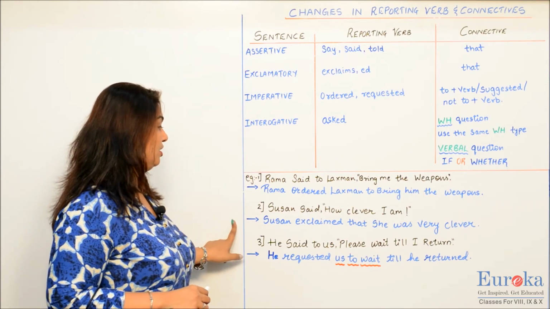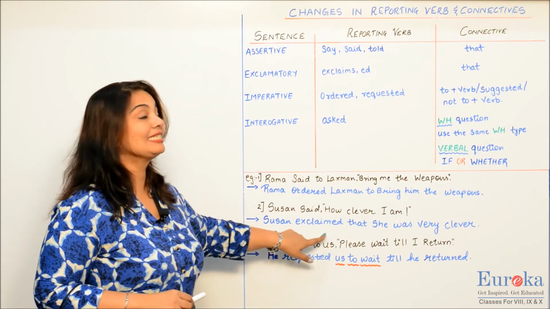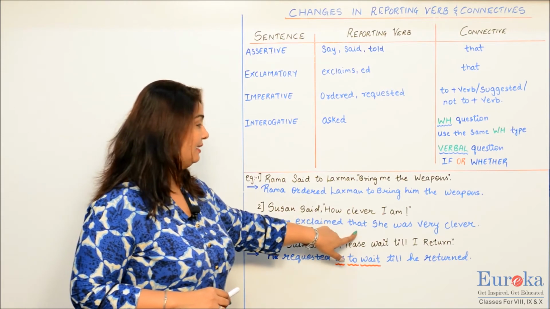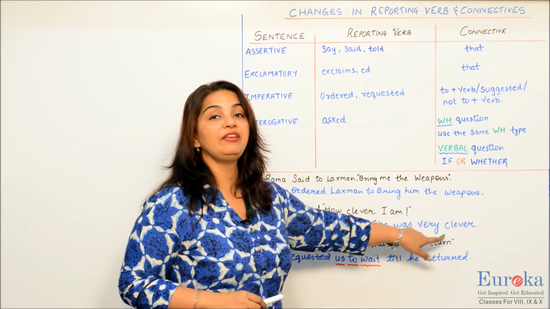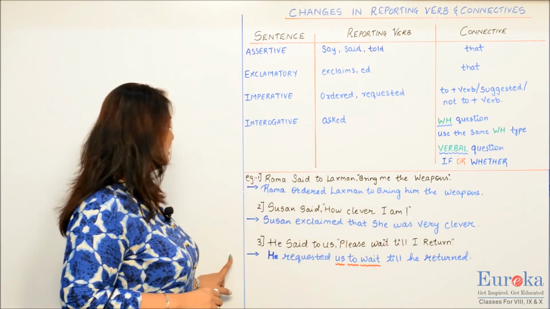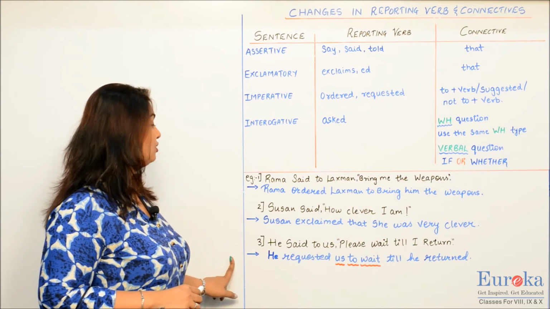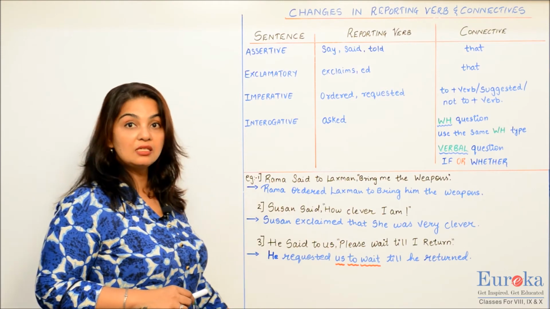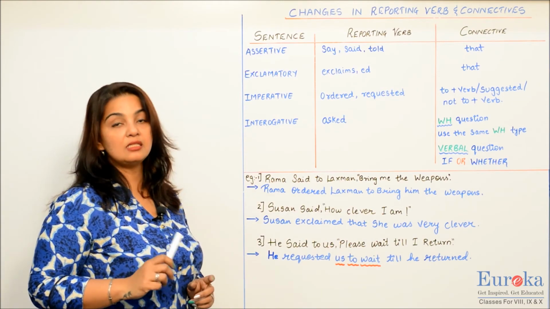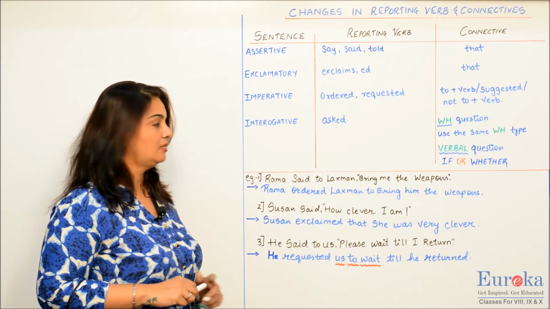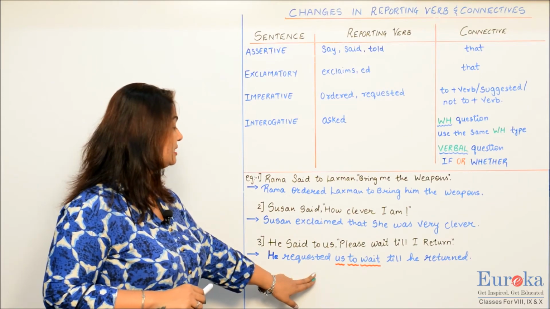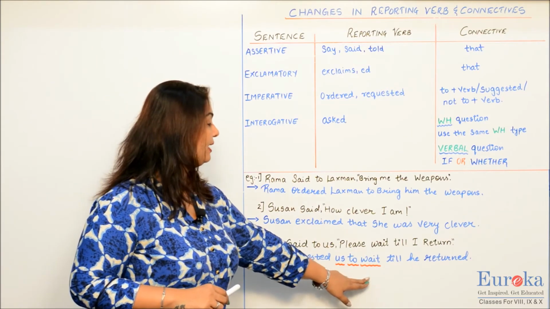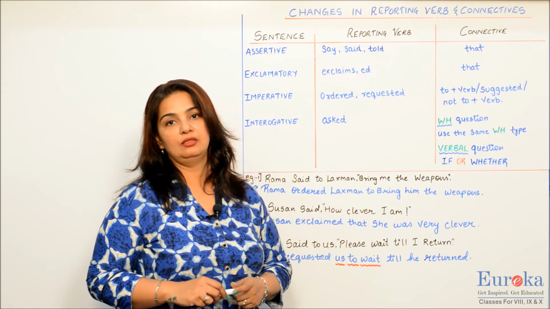So this will be changed into Susan exclaimed that she was very clever. Let's see the third one. He said to us, "Please wait till I return." This is a request. This is a kind of an imperative sentence. He requested us to wait till he returned.